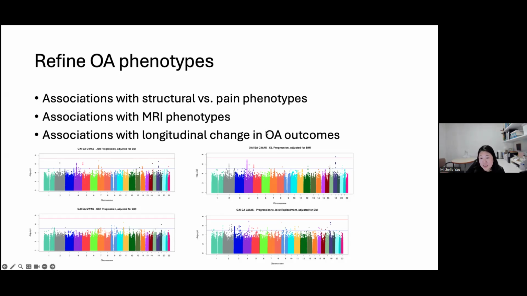So I think really the novelty of the OAI genetics data is to really refine those genetic variants that have been identified through these huge efforts, and be able to dial in on those variants that could be associated with progression.